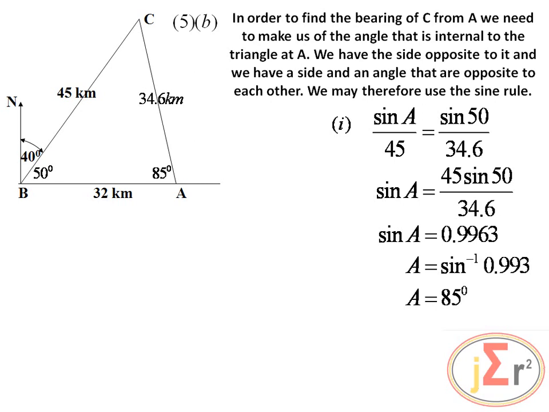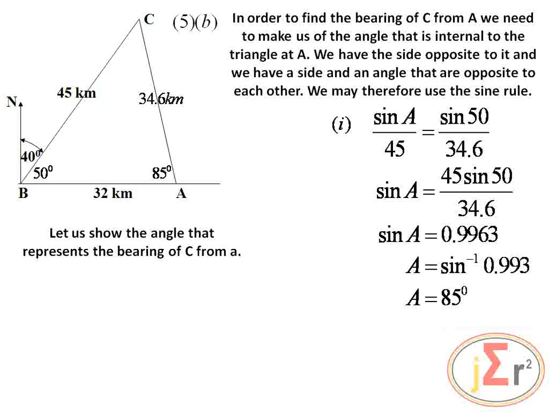Now that we have found the angle that is internal to the triangle, now we may find the bearing. Let us show the angle that represents the bearing of C from A. Do not forget that if we are talking about the bearing of C from A, what must follow directly? 1. The angle has to be at A. And 2. Bearing is measured in a clockwise direction beginning at north. So that is our angle that represents the bearing.